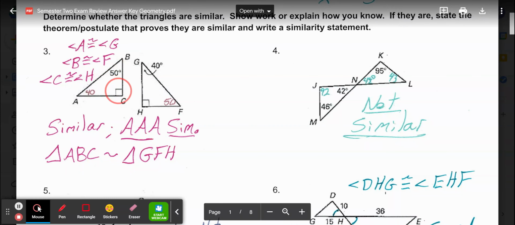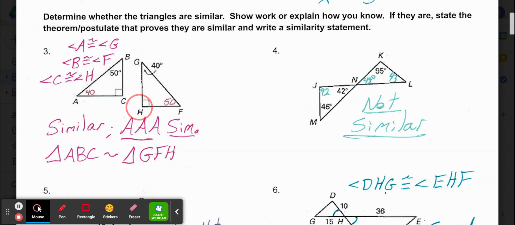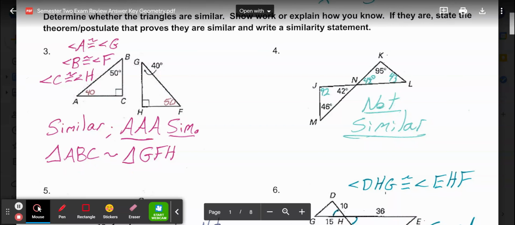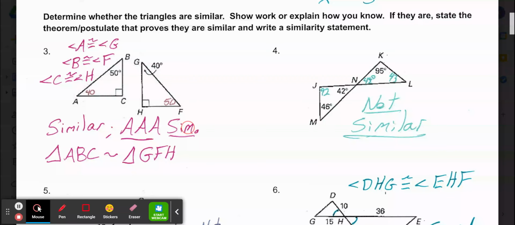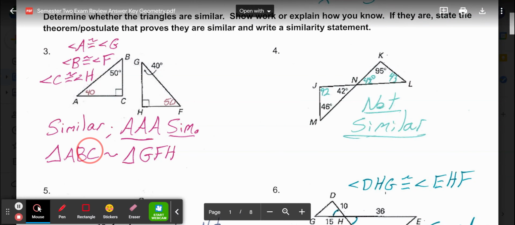So if we have a 50, a 90, that leaves angle A to be 40. And then GHF, a 40 and a 90, leaves angle F to be 50. So we know we have 3 congruent angles, meaning we have angle, angle, angle, similarity. So triangle ABC is similar to triangle GFH.